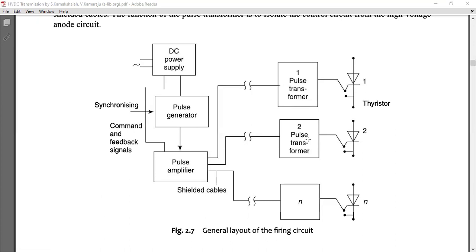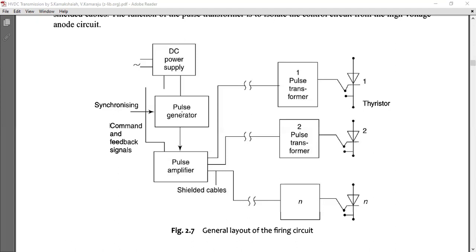This is the electronic pulse generator, and it is usually placed separately, away from the thyristors. We take a separate DC power supply for the pulse generators.